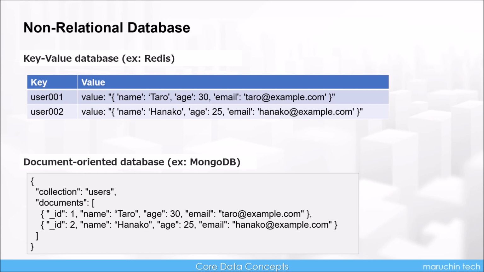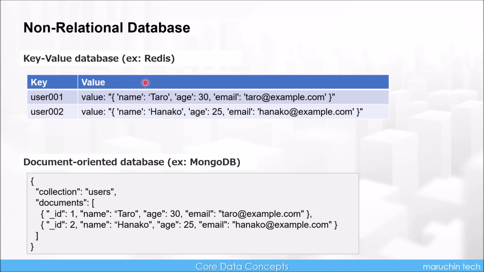A non-relational database is a database system that doesn't use a schema as used in the relational database. Non-relational databases are sometimes referred to as NoSQL databases. And this is a typical example of a non-relational database. The key-value type database has a simple structure of key and value.